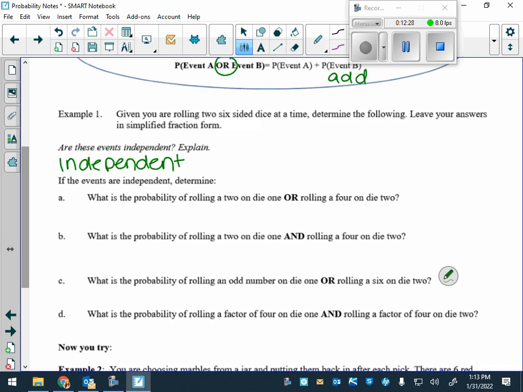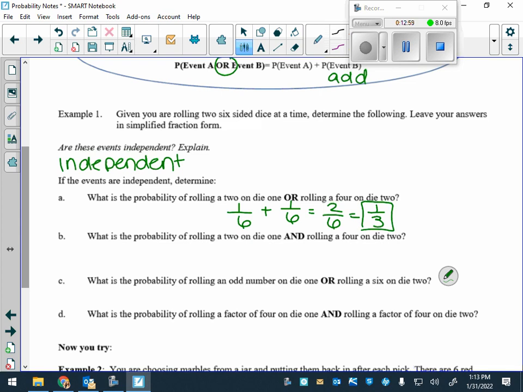So are we adding or multiplying? Okay. So what is the probability of rolling a 2? 1 in 6. Plus, what is the probability of rolling a 4? Yep. 1 in 6. So when we add 2/6, which reduces to 1/3.